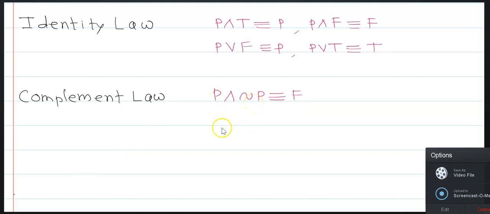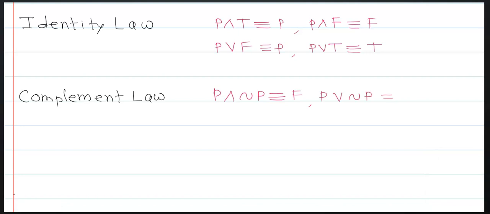Its negation is F. T and F. For the AND statement, we require both of them to be true, otherwise false. Here this is true, this is F, therefore it is F. Suppose P is F, then its negation will be true. Again F and T is F. Therefore this is the complement law.